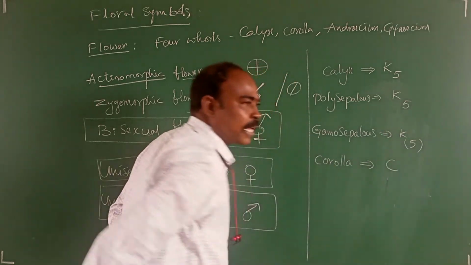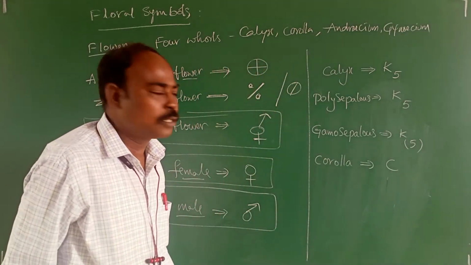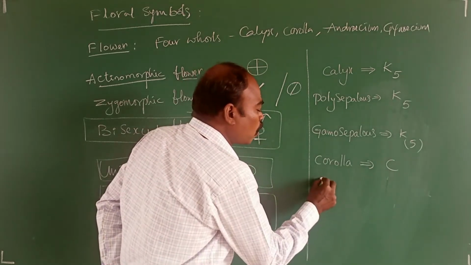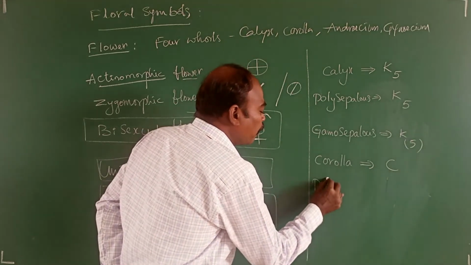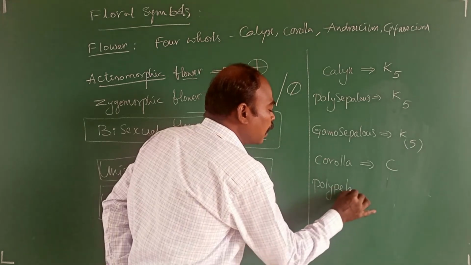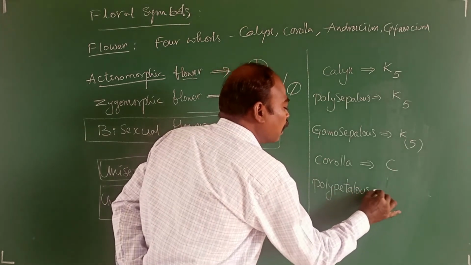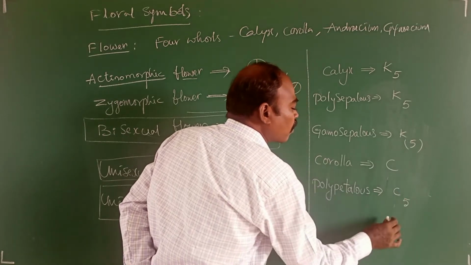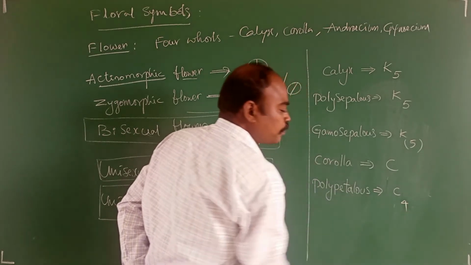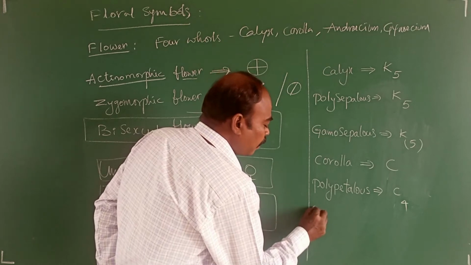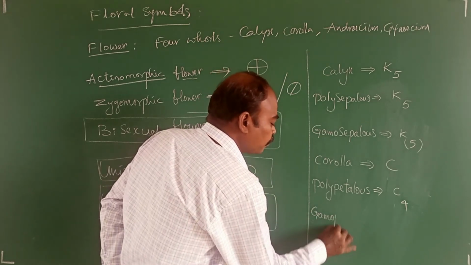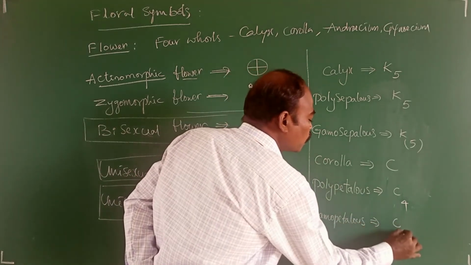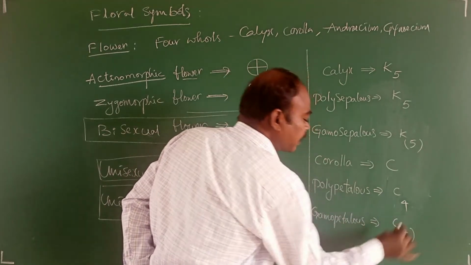Petals are indicated with C, corolla C. This is C as a subscript indicated with the corolla. Polypetalous, C5 or 4. Gamopetalous means fused petals like this.